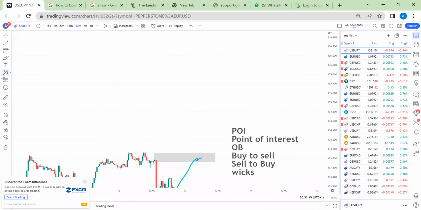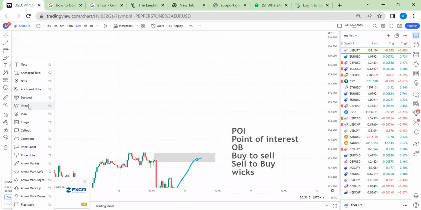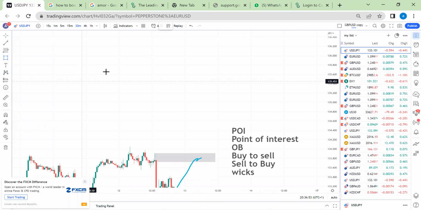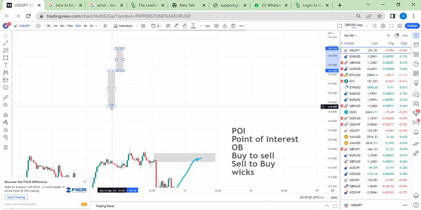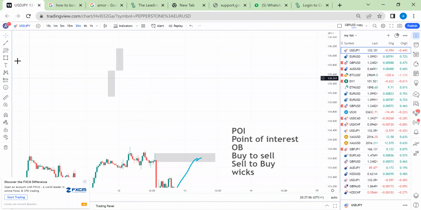Now let's say we have two candles like this, two bullish candles back to back, following each other just like this. We have this wick up here.